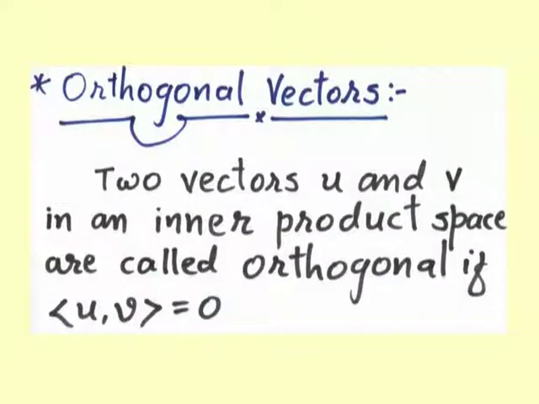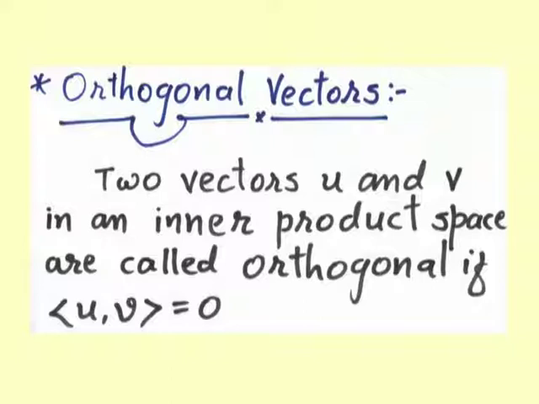Now let u and v be any two vectors in inner product space, and if theta is angle between u and v, then, as we know, cos theta is nothing but inner product of uv upon norm of u into norm of v. If we take theta equal to 90 degree, which is pi by 2, and value of cos pi by 2 is 0.